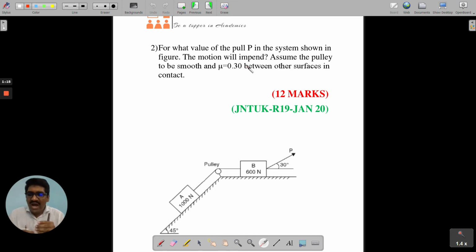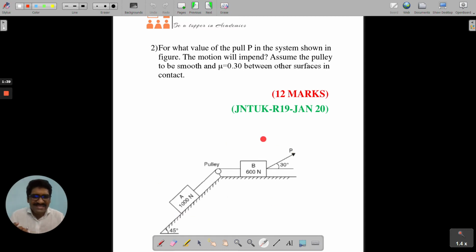After experiencing the impending motion condition only, your body will get accelerated and be subjected to motion. Again repeating, impending motion means the body is about to slide or ready to slide.